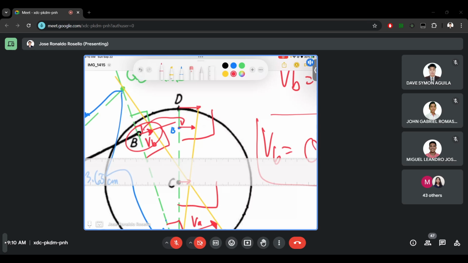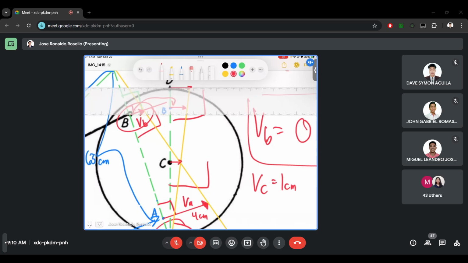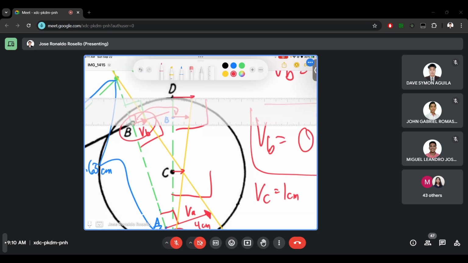Then we'll just measure. Velocity C is 1 centimeter. Velocity D is 1.7 centimeters.